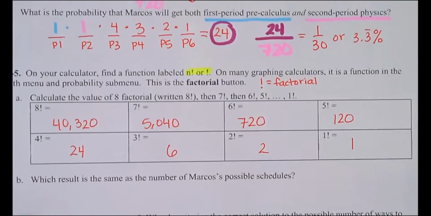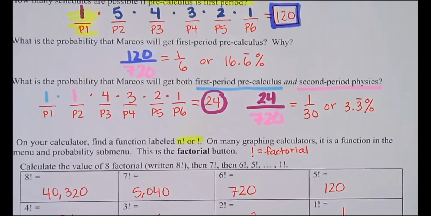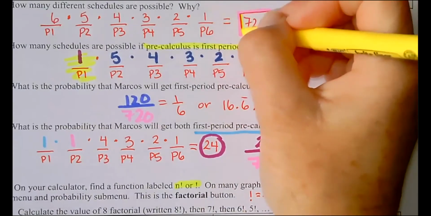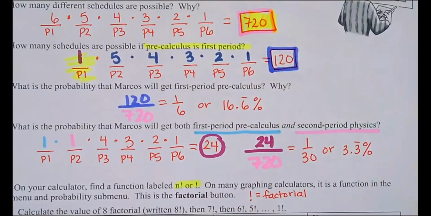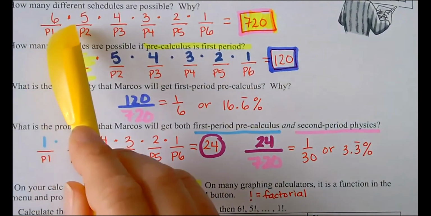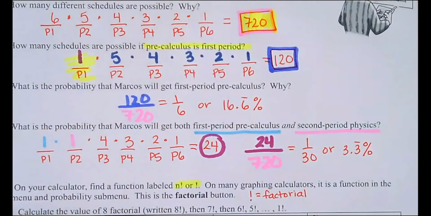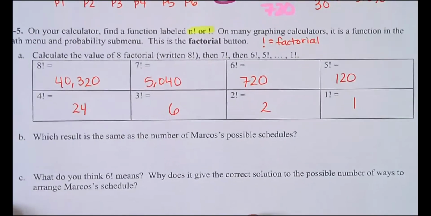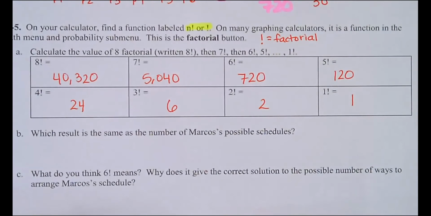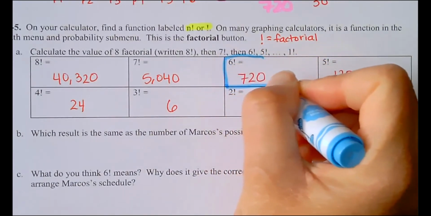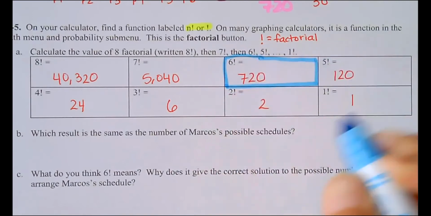So remember up here, his total schedules, he had 720 possible schedules. And we worked that out by doing 6 times 5 times 4 times 3 times 2 times 1. So the one that it matches up with is this 720, which is 6 factorial.